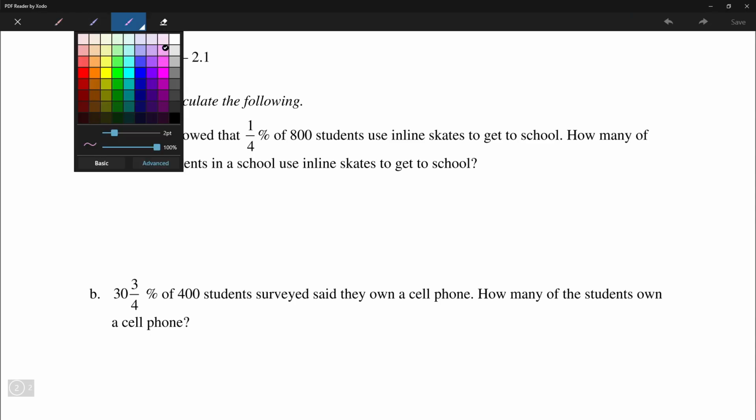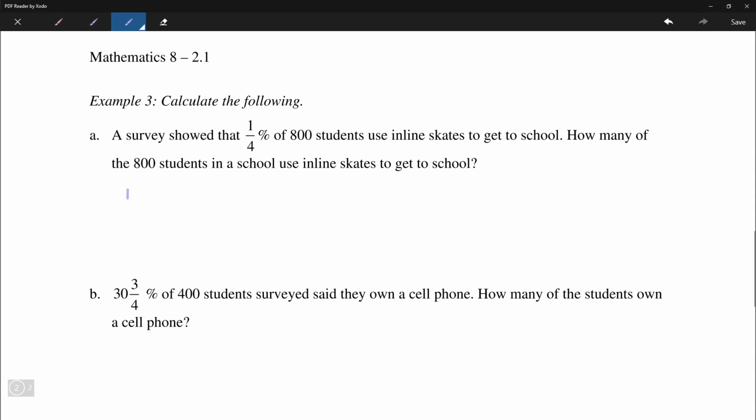Just by using some mental math, we can find that 1% of 800 students is equal to 8. And so, of course, if we have 1/4% of 800, it'll be 1/4 of 8, which is 2. So we just have 2 students.